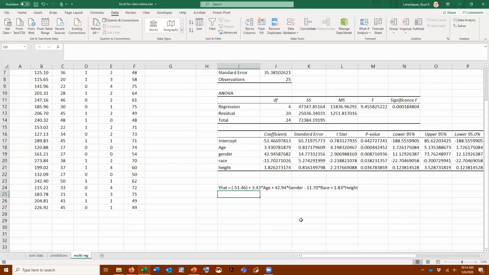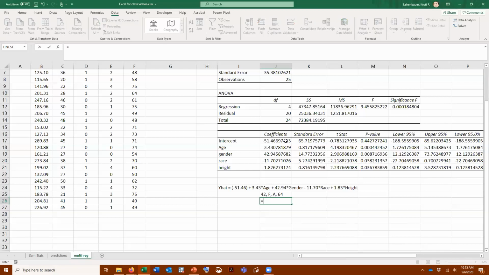So I'm just going to try something out. Let's say that I know a person who is 42 years old, female, Asian, and is 64 inches tall.